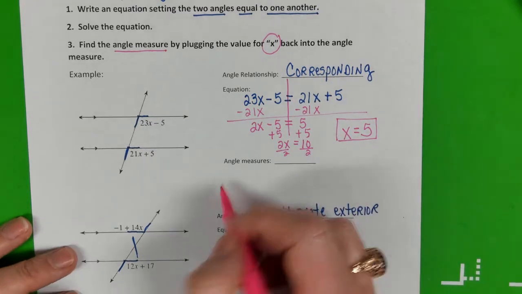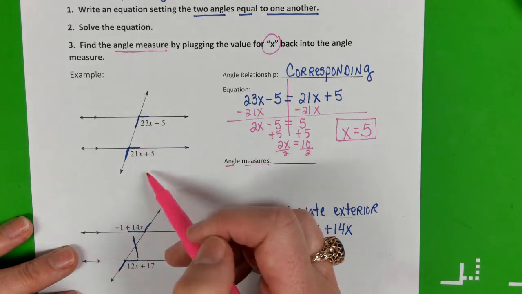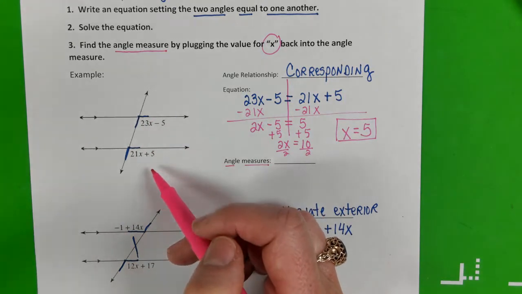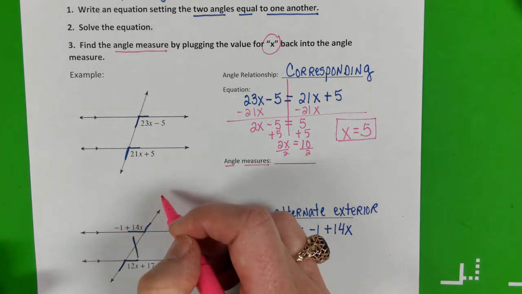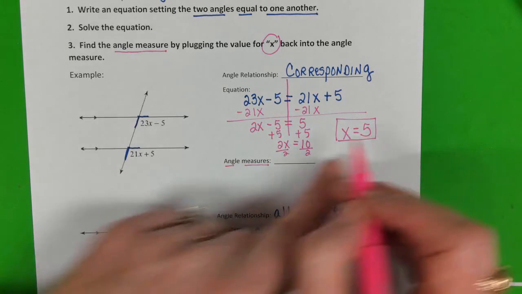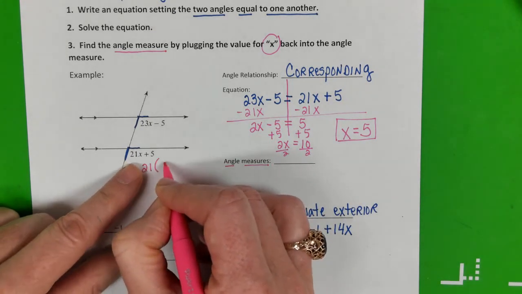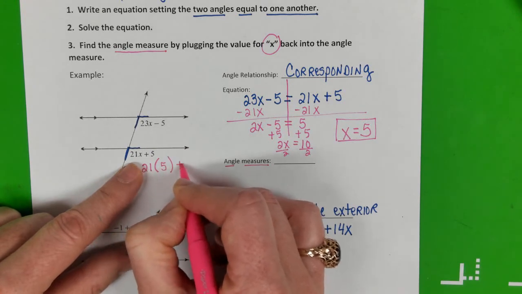But let's go ahead and take it a step further. Let's find our angle measures. Now we know these angles, we already said they were congruent, they're equal, so I really only have to calculate the angle measure of one of them. So I'm going to take my 5 and plug it back in for x. So this would be 21 times 5 plus 5.